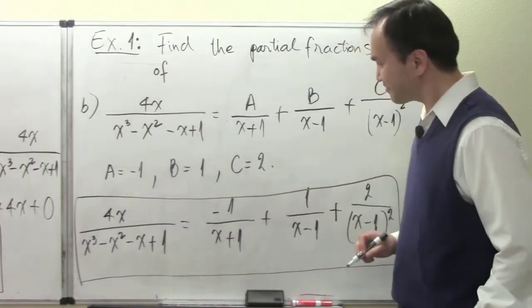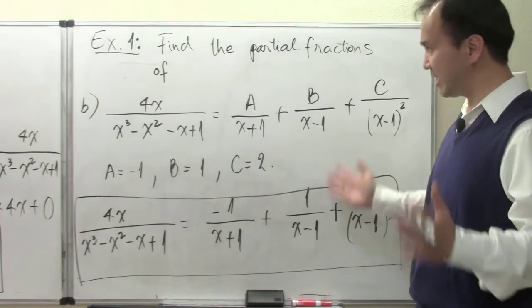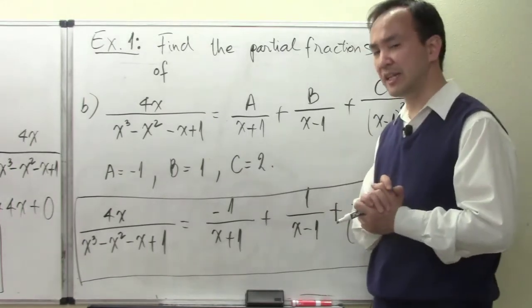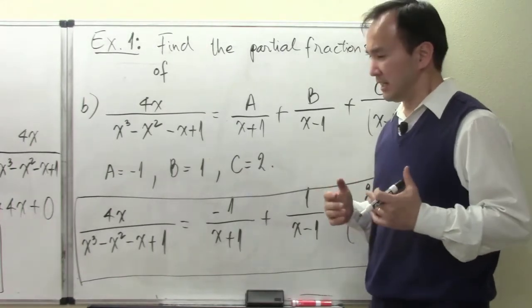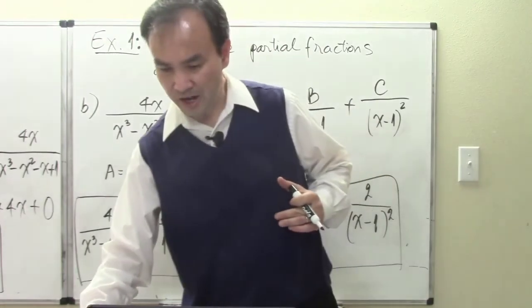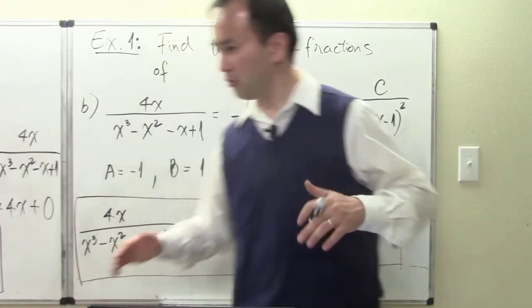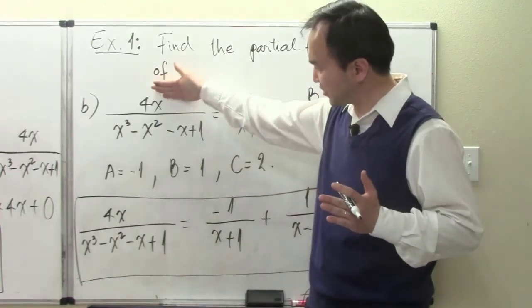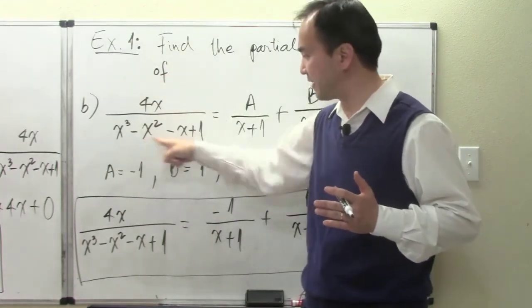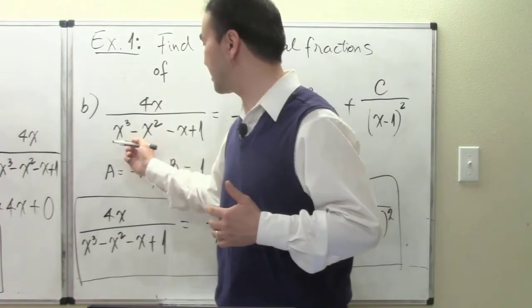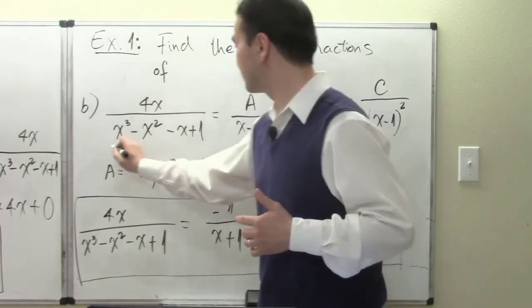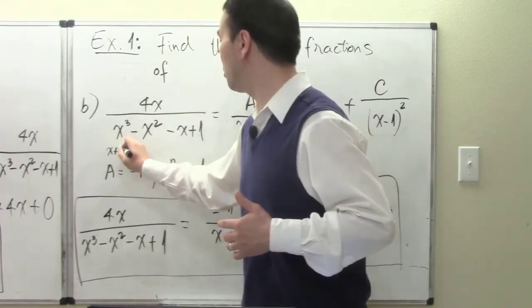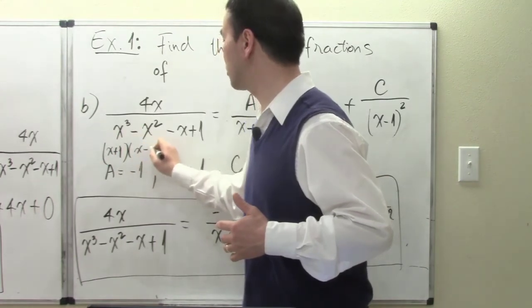Now at the end of example 1, you have seen earlier in part A as well that the whole example 1 is all about fractions like this at the start. After factoring it down, recall that it was x plus 1 times x minus 1 all squared.